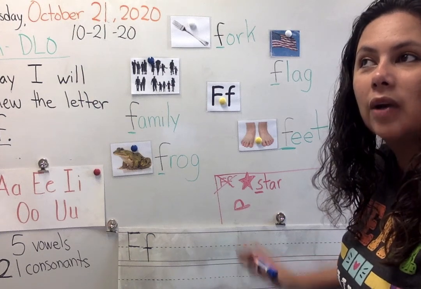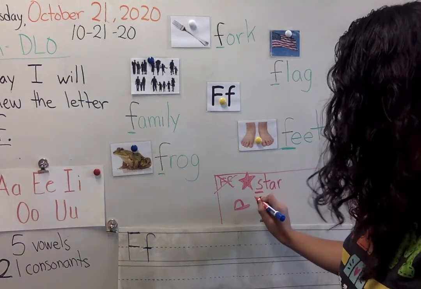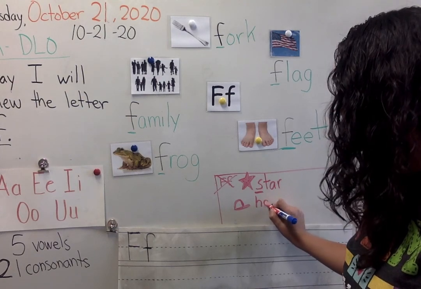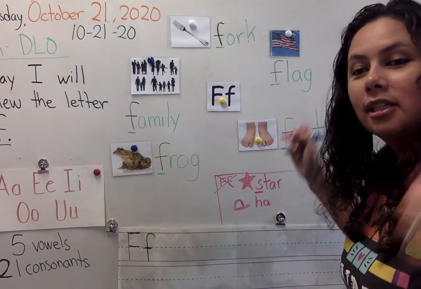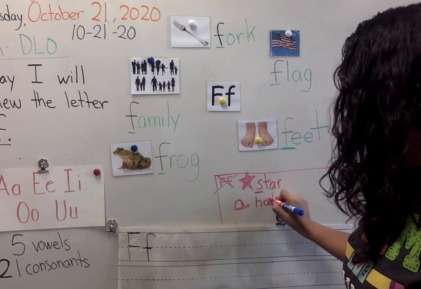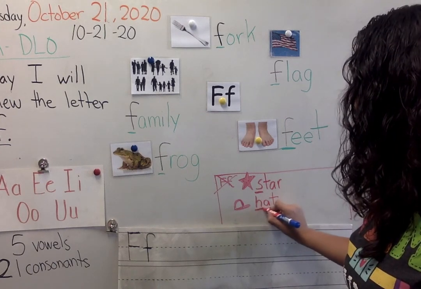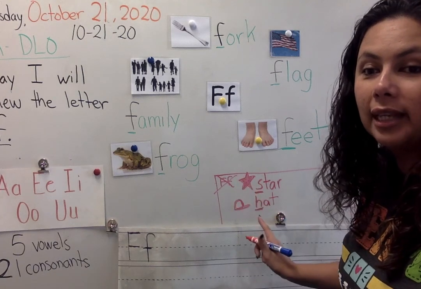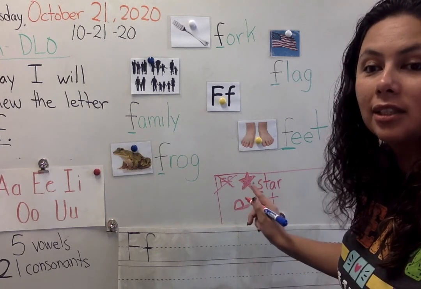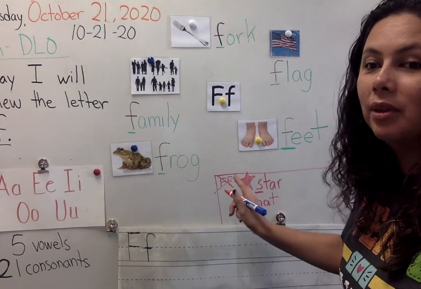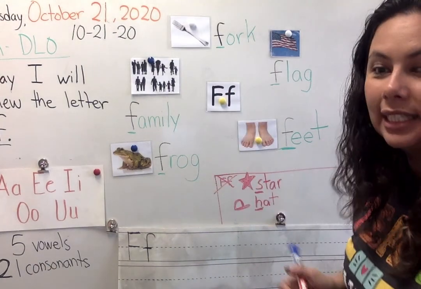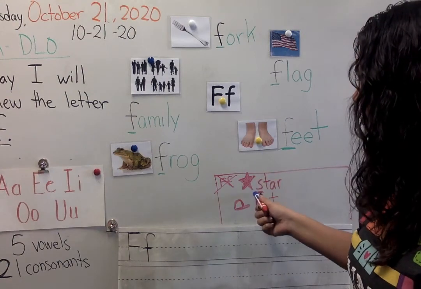So we'll make the sound, h, h, h, t, t, t. Hat does not begin with the F sound. It begins with the h sound. Star does not begin with the F sound. It begins with the s sound, like star.